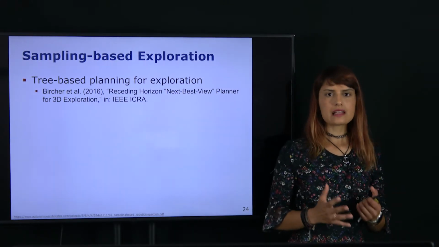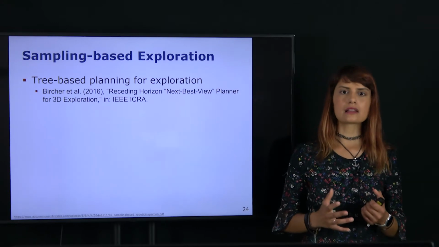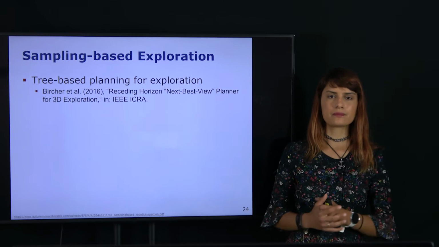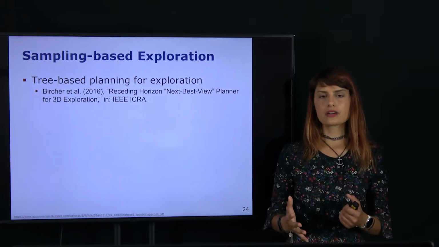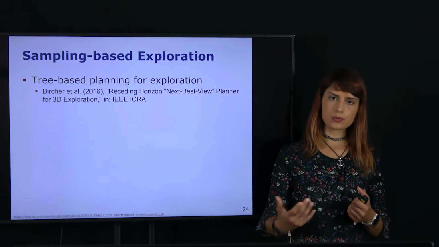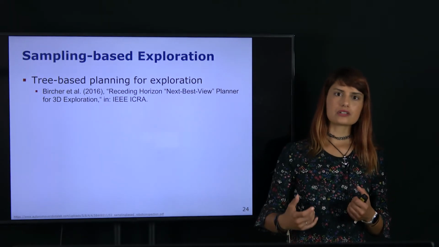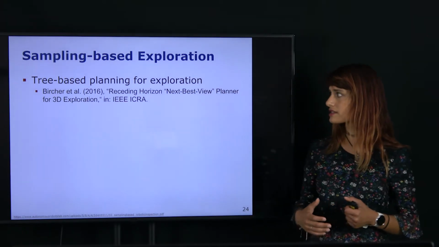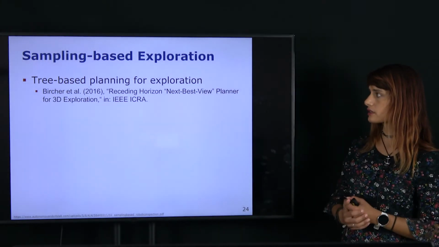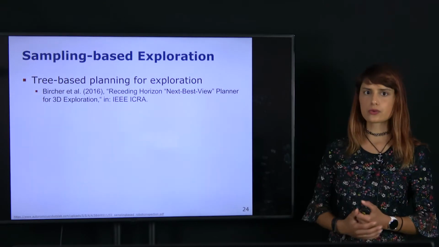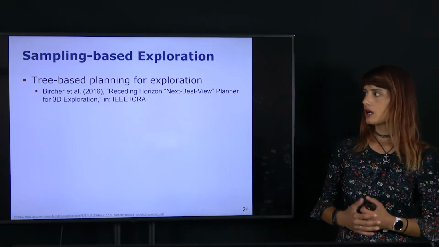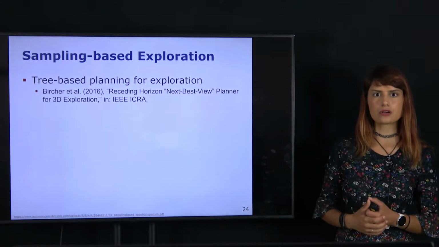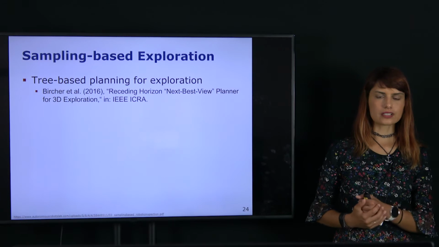So just like in classical path planning, a way of handling very large dimensional configuration spaces is by sampling. So we essentially probe the configuration space as the robot explores the environment to see which actions lead to the highest information gain. And this is a key idea that's been used recently in literature, and we're going to go through one popular algorithm, the receding horizon tree-based exploration planner presented in this paper, just to have an idea of how this works.